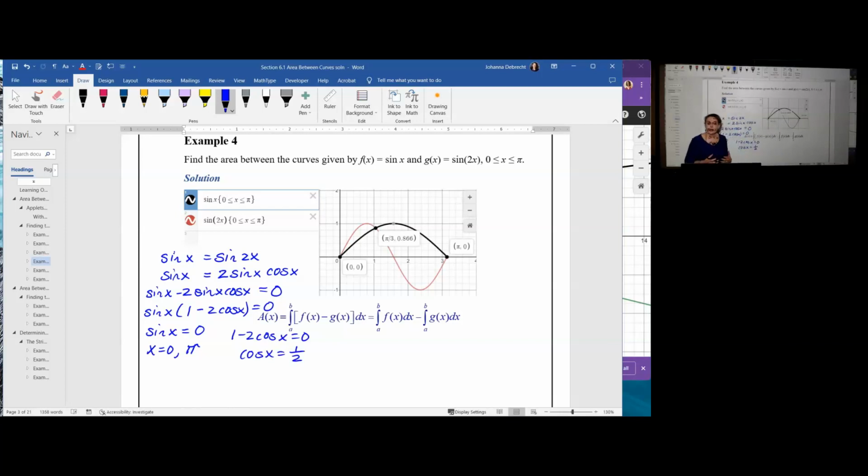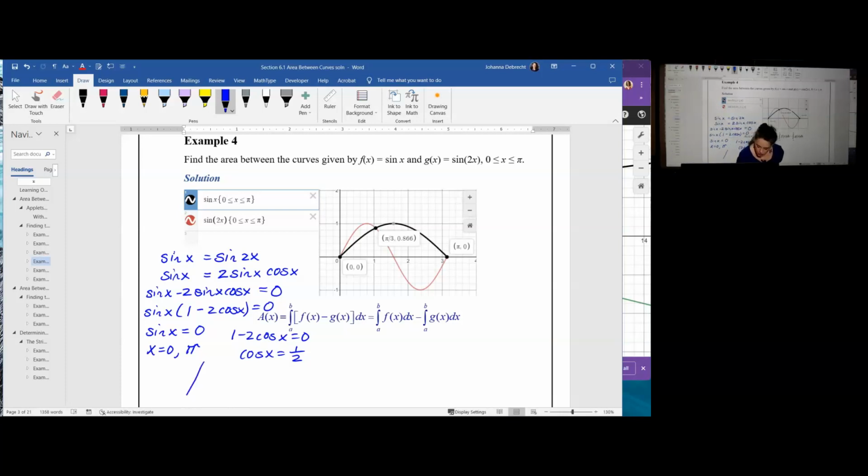Now, cosine over the interval from 0 to pi is only positive from 0 to pi over 2. And that tells me that it's got to be in quadrant 1. The value of it is 1/2, which tells me it's a 30, 60, 90 triangle. Since cosine relates to x, this has to be a skinny, tall triangle.